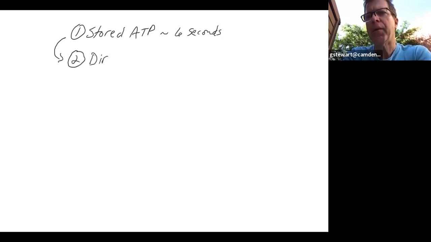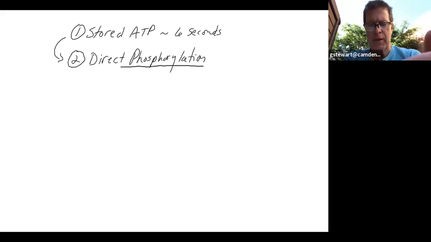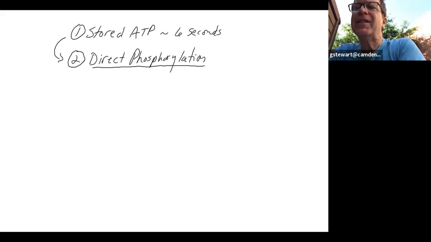I'm going to explain what that means. Before I explain the process of direct phosphorylation, a muscle can get about 15 seconds worth of contraction from this process.